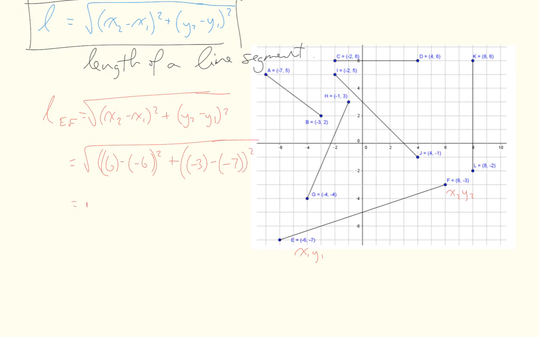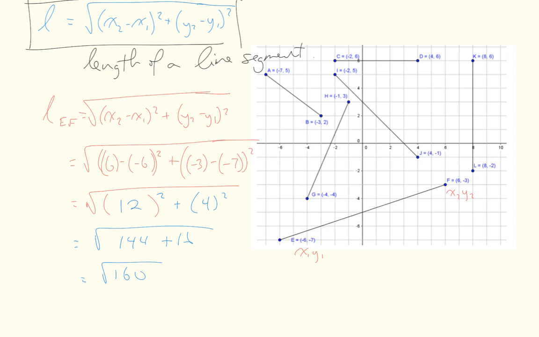I'm going to follow BEDMAS, of course, and say that, well, 6 minus negative, so that's a plus. 6 plus 6 is 12. That's squared. And negative 3 plus, right, minus negative is plus, negative 3 plus 7, I think is 4 squared, and so that gives me 144 plus 16, which is the square root of 160.